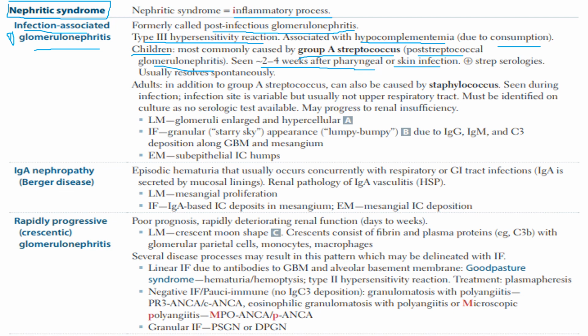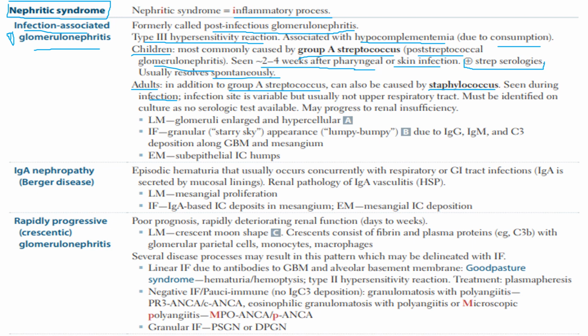Positive streptococcal serologies. It usually resolves spontaneously in adults. In addition to group A streptococcus, it can also be caused by staphylococcus seen during infection.